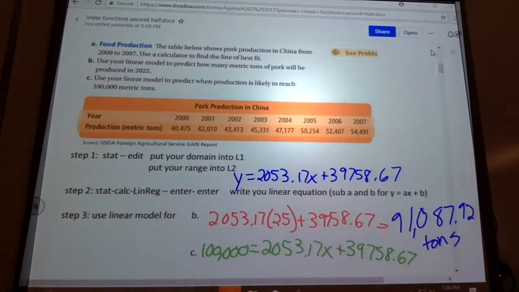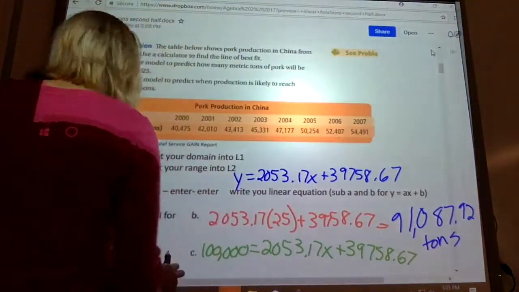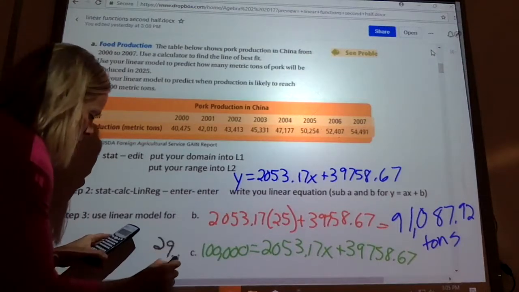So solve for X. So 100,000 minus 39,758.67 divided by 2,053.17. Okay, and what you get is 29.3.